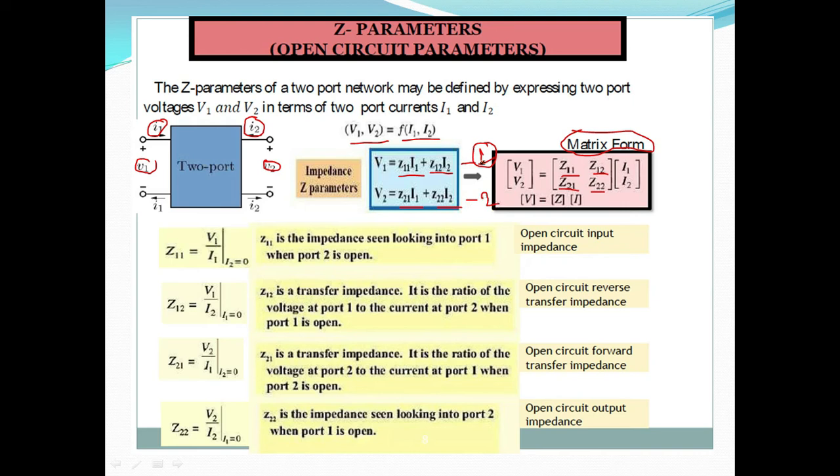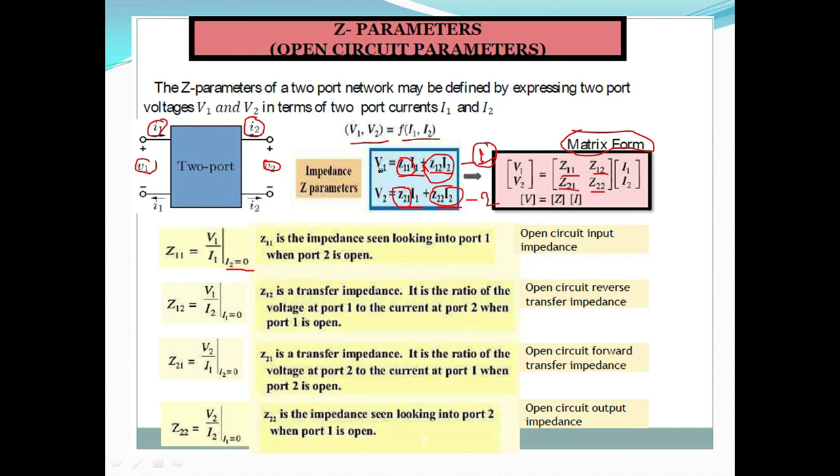From equations 1 and 2, we find Z11 and Z21 at a time. For that, we set I2 equal to 0, because once we put I2 equal to 0, we can find Z11 and Z21.